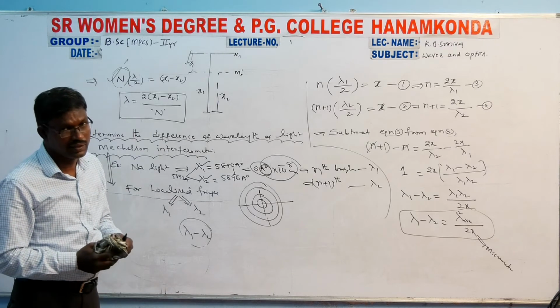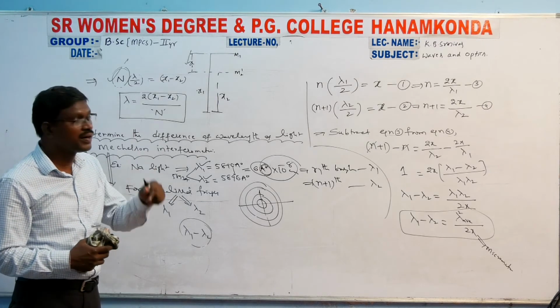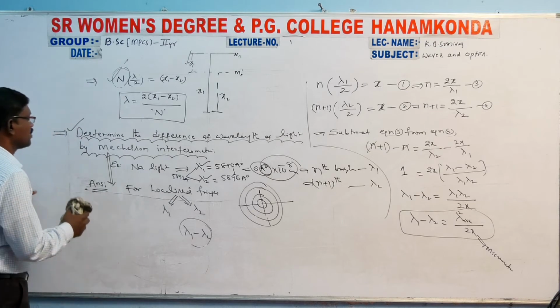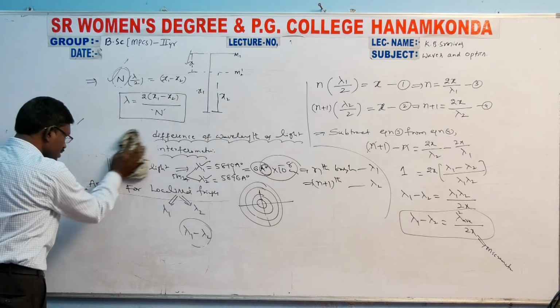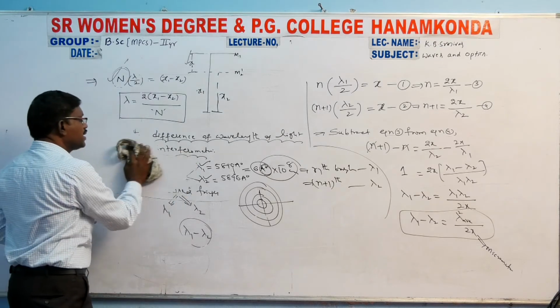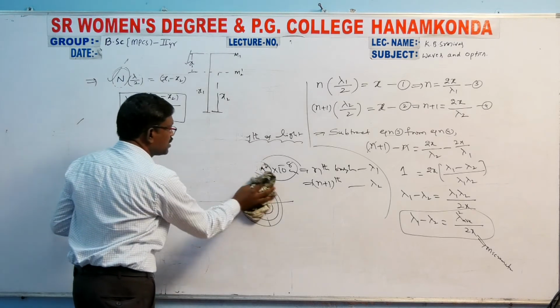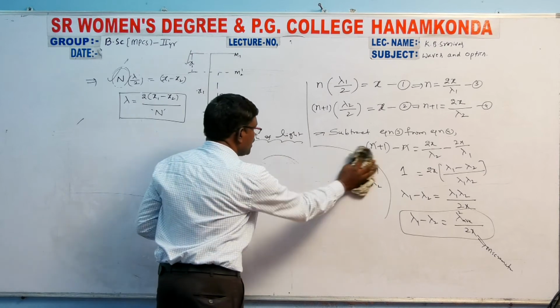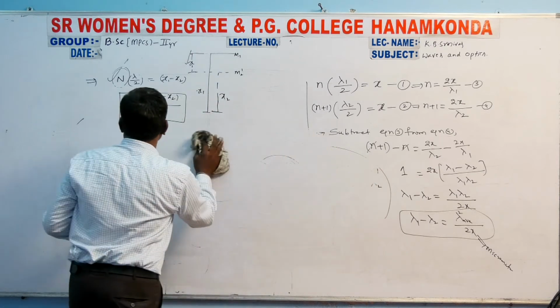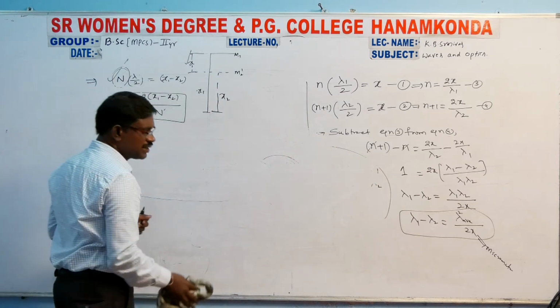of the Michelson interferometer. We have one more use for the Michelson interferometer, that is the third one: we can calculate the thickness of a transparent film by using this Michelson interferometer.